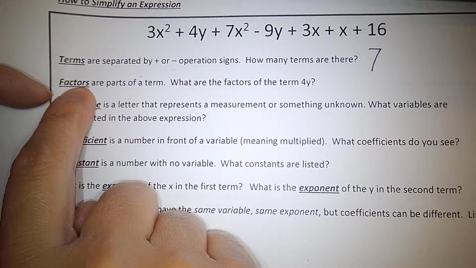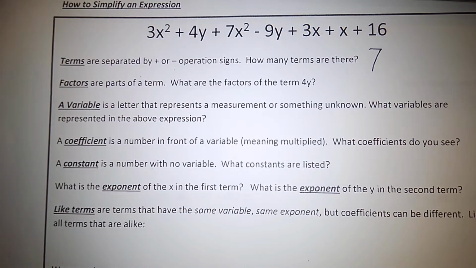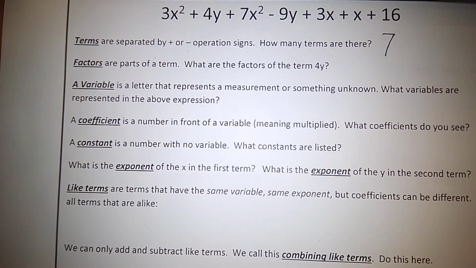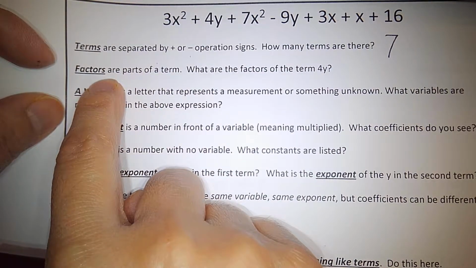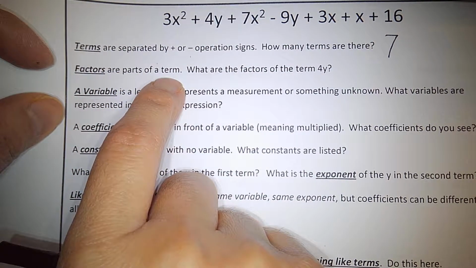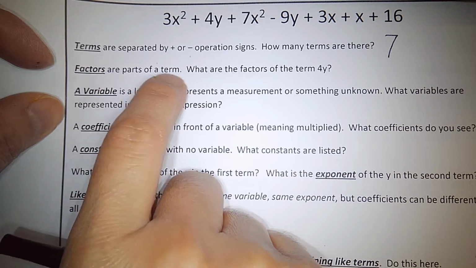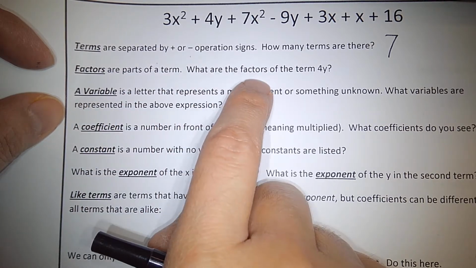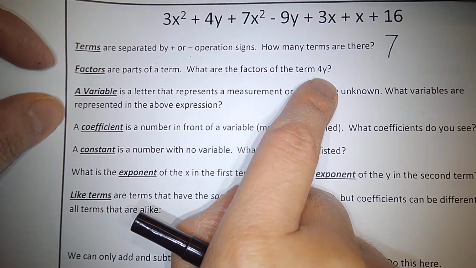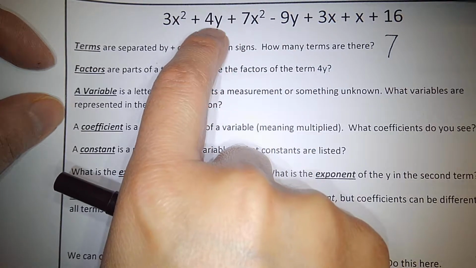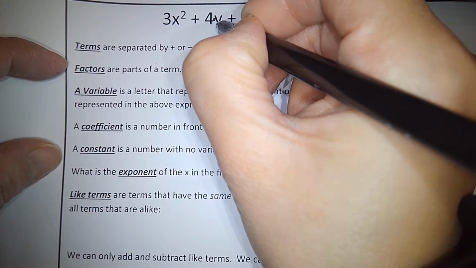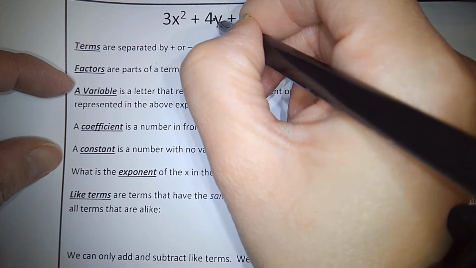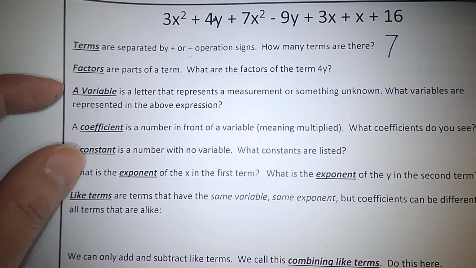The next concept we need to know is called factors. Factors are parts of a term. What are the factors of the term 4y? 4 times y. Each of 4 and y can be considered a factor.